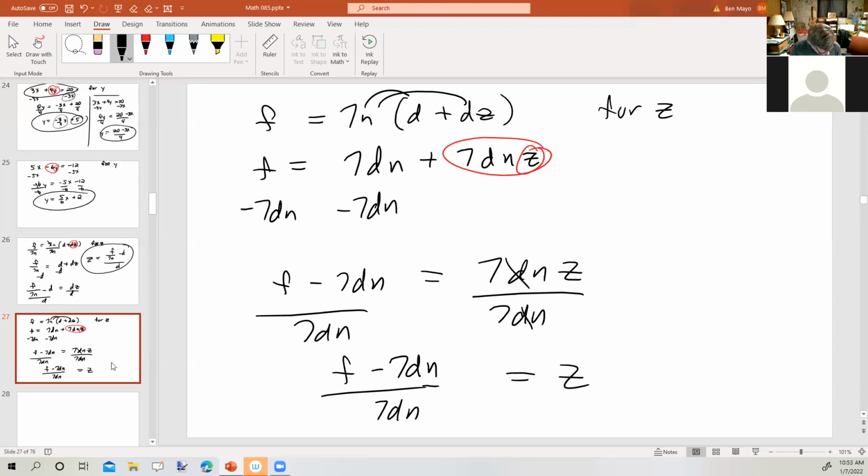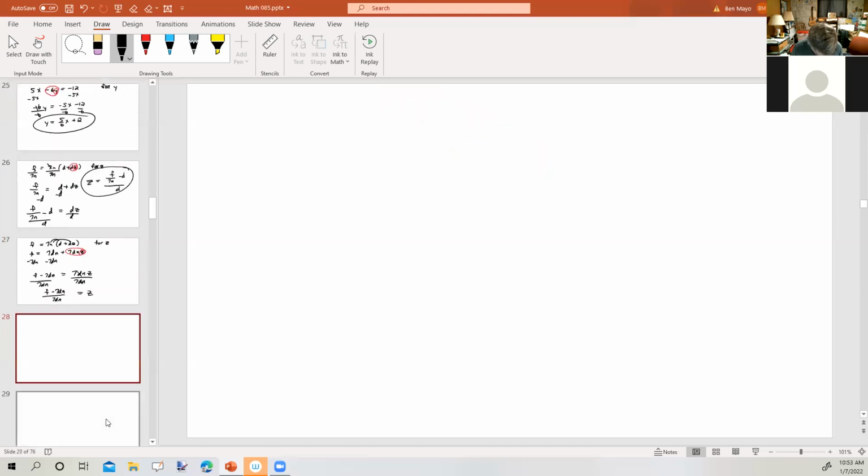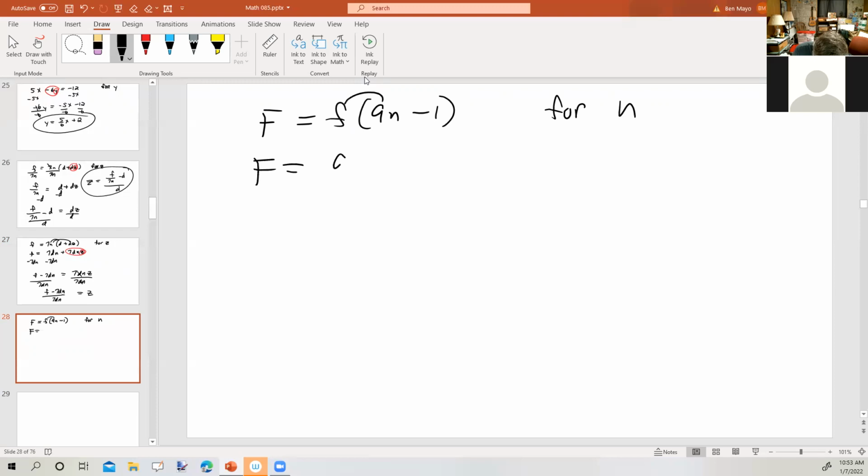Here's another one. Capital F equals lowercase f times the quantity 9n minus 1, and we are to solve for n. Well, let's see. Last time it worked best to distribute first, so let's do that and see what happens. F equals 9 lowercase f n minus f.